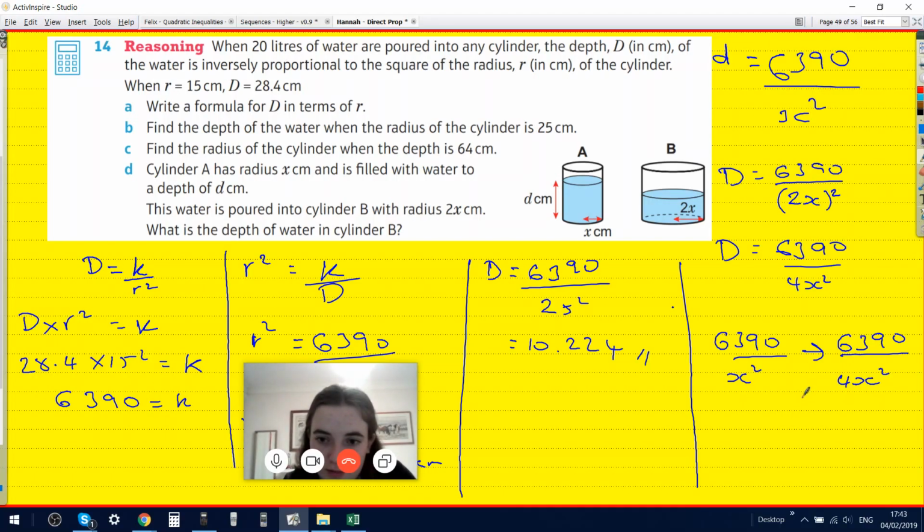And so what difference will that make to the depth? A will be 4 times depth of B. Yes. And so what is the depth of B in terms of D? So this one has a depth of D. So the depth for this one will be?